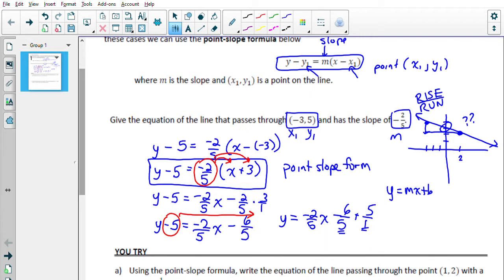So we're going to scale this one up and multiply it by 5 on top and bottom. So that's going to become -2/5 x minus 6/5 plus 25/5, which then simplifies lastly to y equals -2/5 x and plus 25 and -6 makes plus 19 over 5.